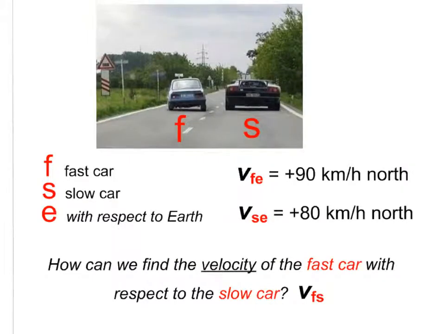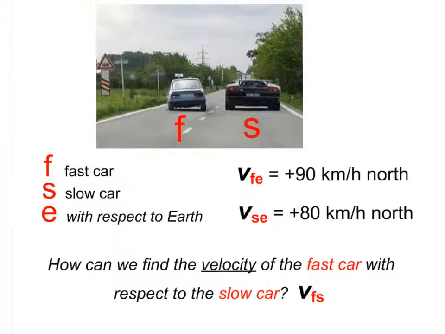Let's look at this example of a fast car and a slow car. We're going to call the fast car little f, and the slow car little s. And we're going to represent something called, with respect to Earth, as a little e. I'm going to explain some of my notations here.